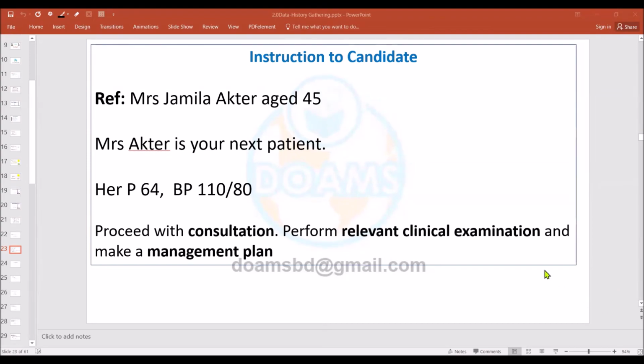It is a technique to do better in the OSCE from the beginning. If you have some idea, it will be easier. Could it be a counseling station? No, because there is an examination requested, so it is less likely to be a counseling station.